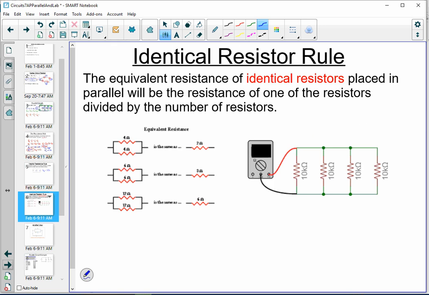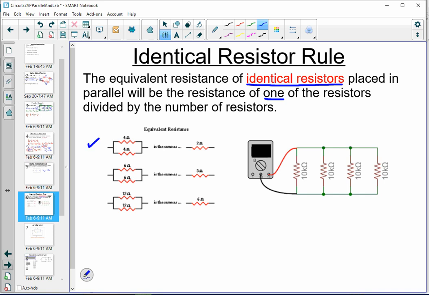A more handy resistor rule, and it's convenient for standardized testing because in many standardized tests it's convenient to write questions that have identical resistor values. When you put identical resistors in parallel, if you take the value of one of the resistors and divide by the number of resistors, you will get the equivalent resistance.